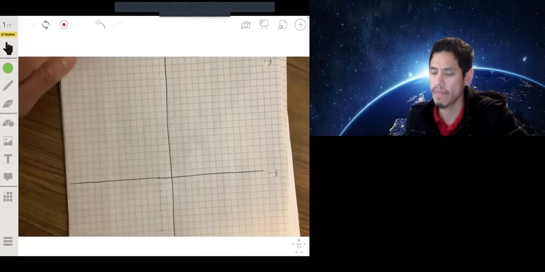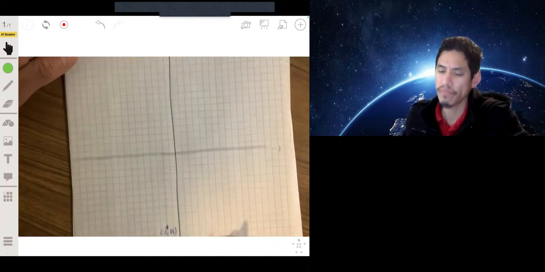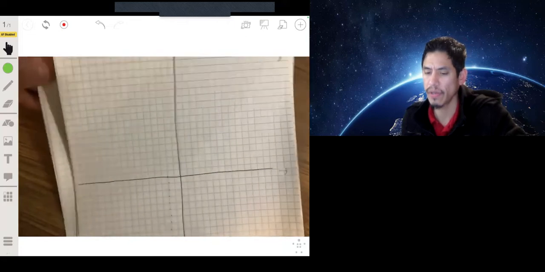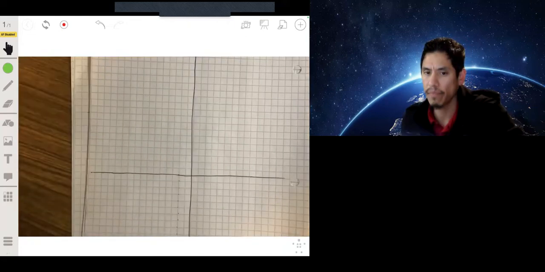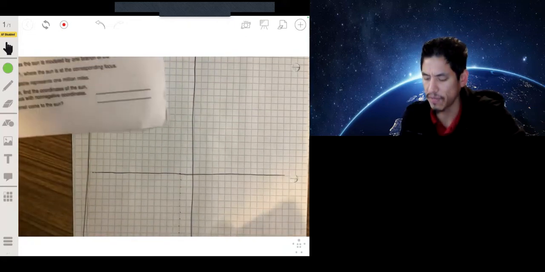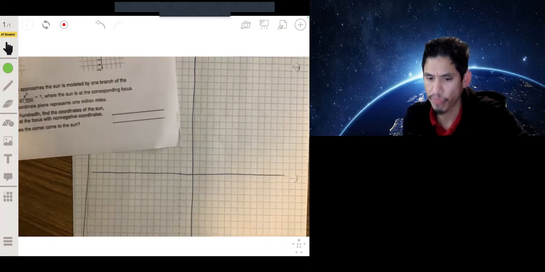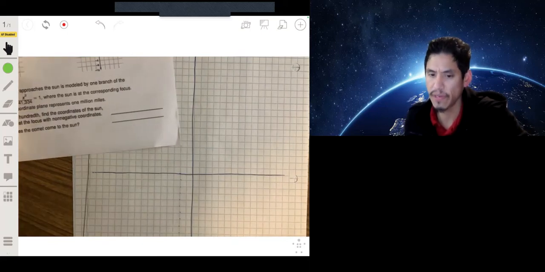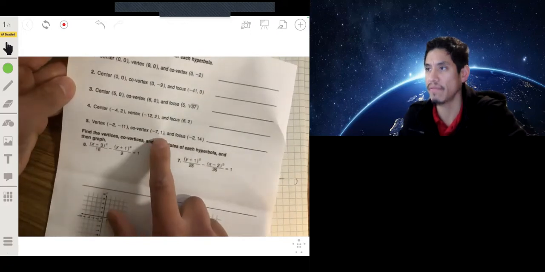Well, this is the vertex actually. The vertex will be negative 2, 11. Co-vertex at negative 7, 1.